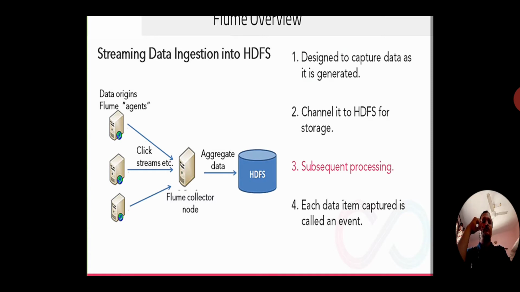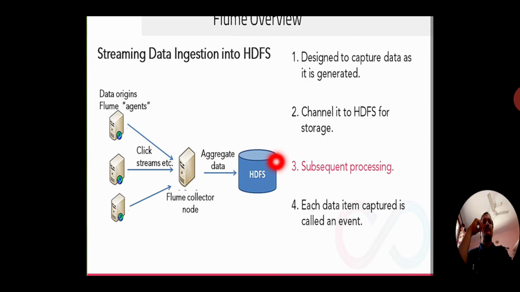Flume Overview, where you can see the diagram. We have different Flume data sources: data source 1, 2, and 3, and we have the Flume collector node where it collects the data in one place. After collecting, it aggregates the data and transfers it to HDFS.